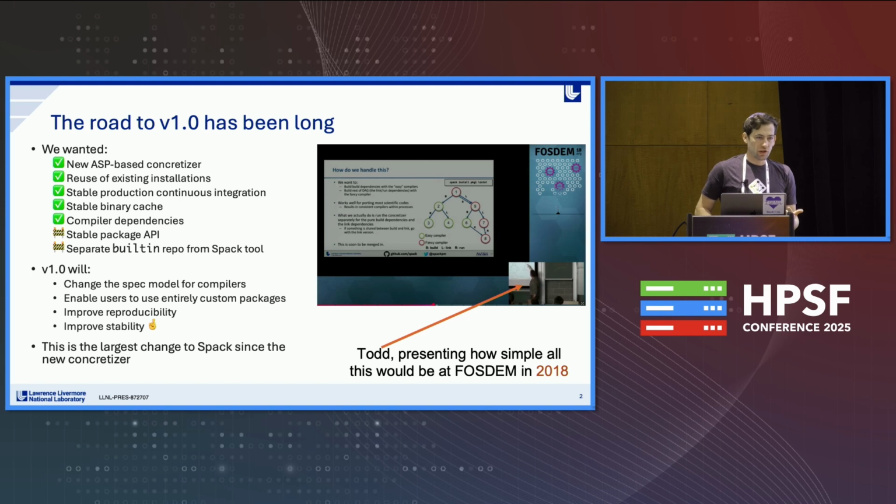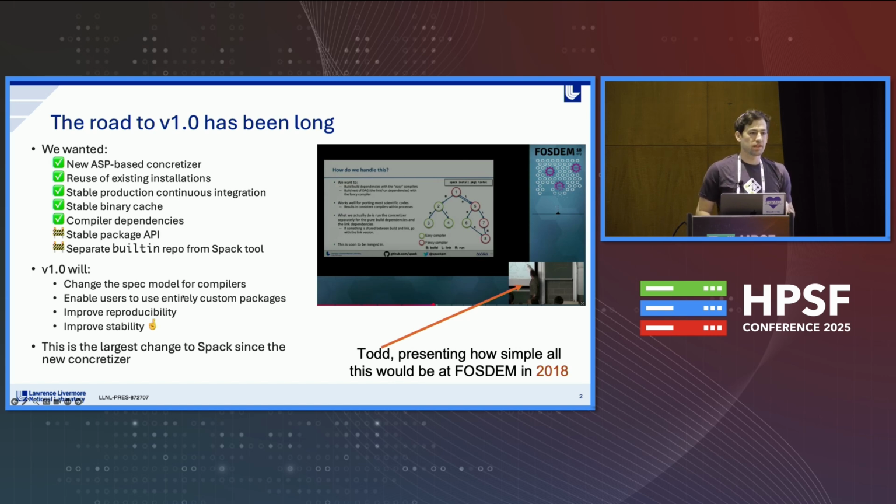We wanted better reuse for existing installations, more stable production environment, and most importantly, compilers as dependencies, and then a stronger package API and separating the built-in repo from the Spack tool. And I haven't gone in the last day and changed this stable package API line, but that is actually merged to develop yesterday morning.